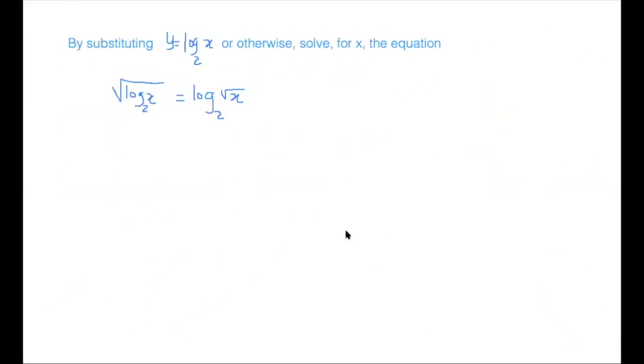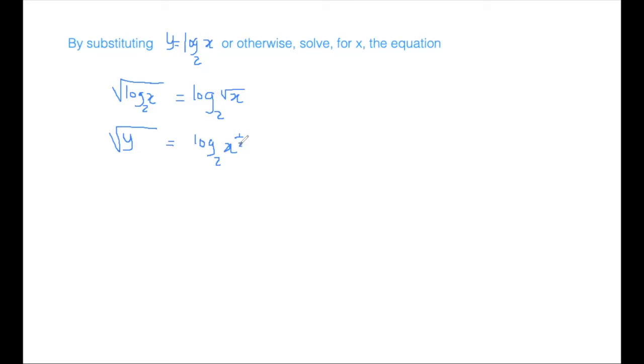This is another CAPE Mathematics question. We're using y equals log base 2 of x to solve the equation. Now we can represent what is underneath the square root as y because they said we can represent it as y. We also have a rule that says a square root can be expressed as a power from indices, that is, x to the half is the same thing as the square root of x.